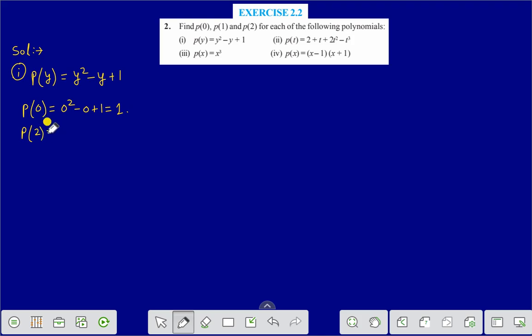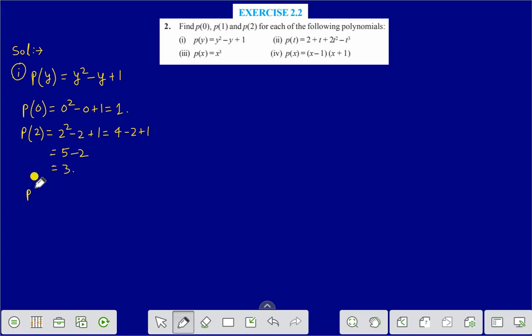Then we are getting 2 square minus 2 plus 1, that is equal to 4 minus 2 plus 1. 4 plus 1 is 5, minus 2, and that is equal to 3. P2 is 3.